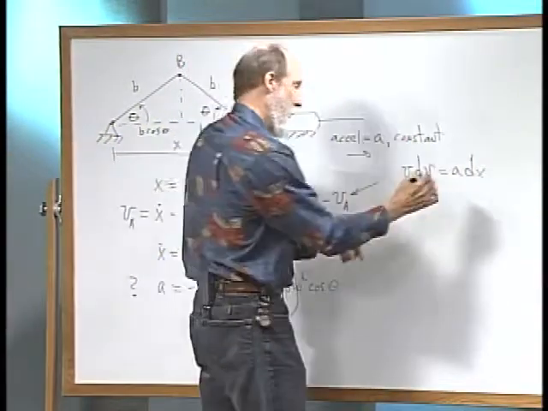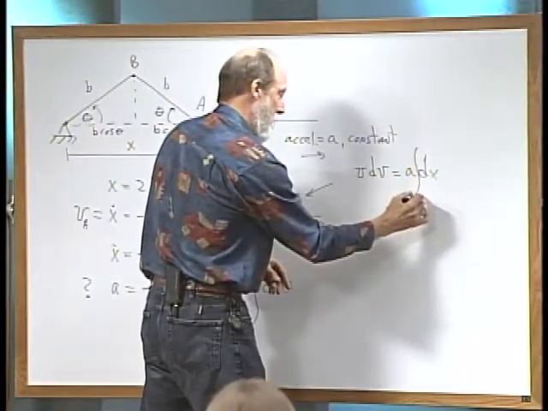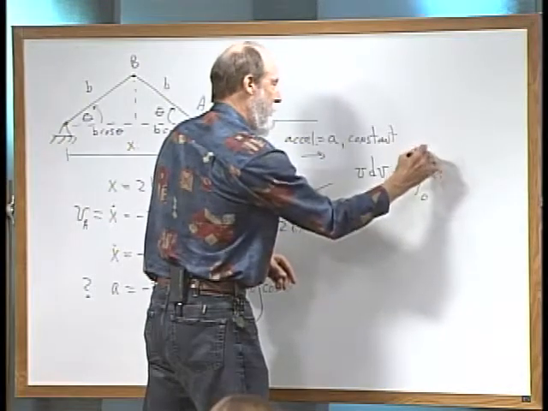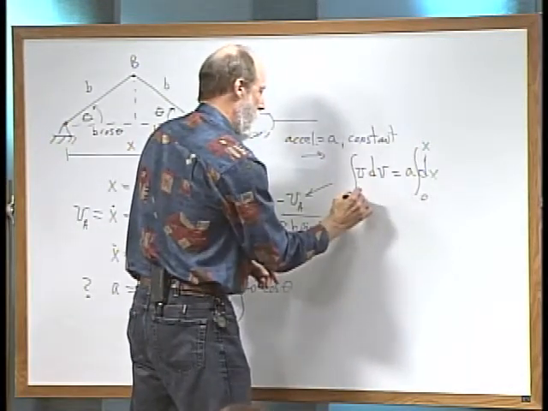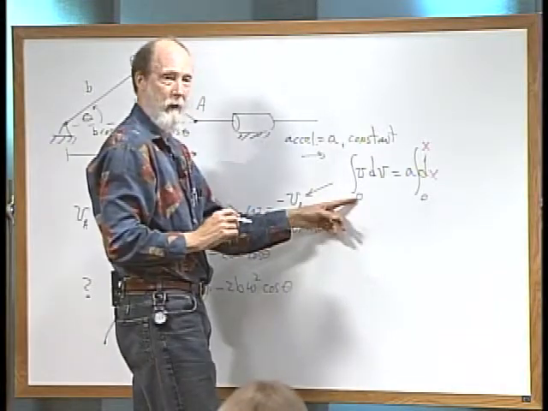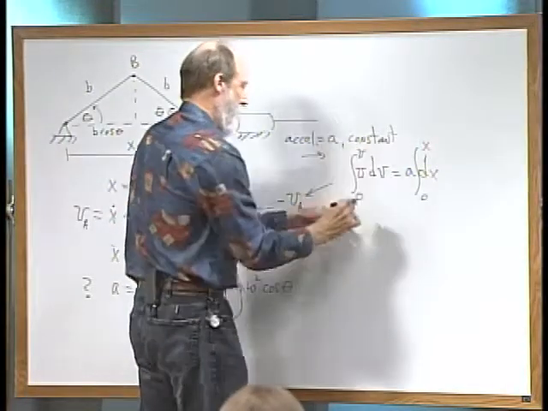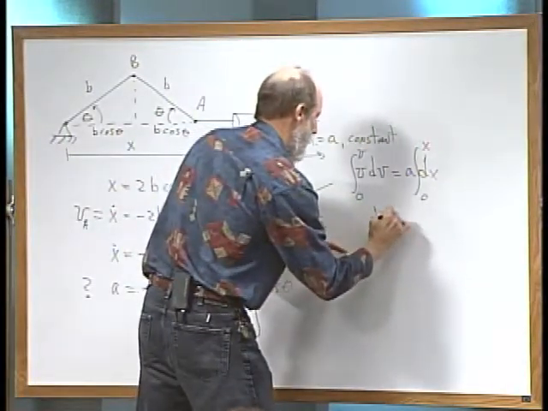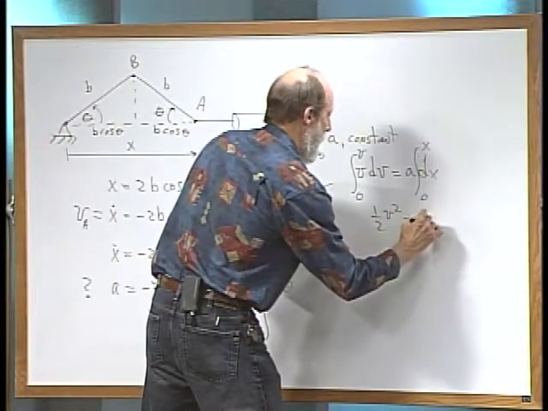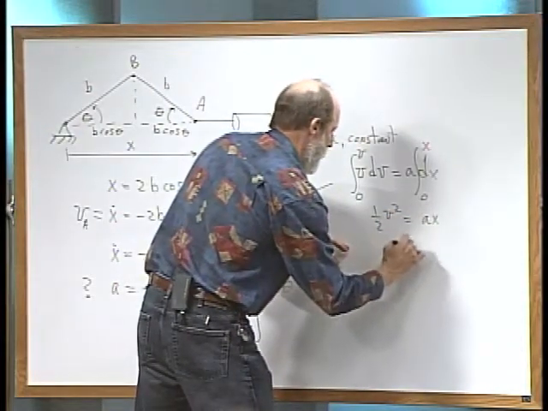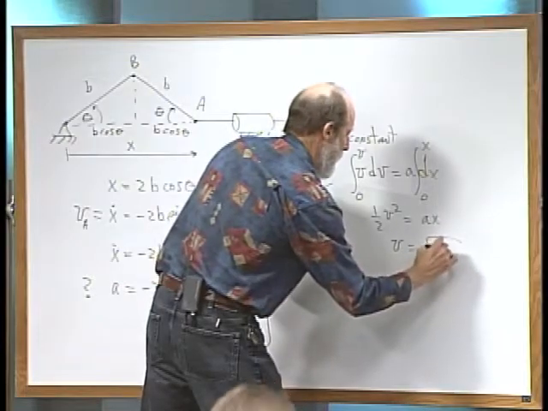So that means if we integrate that, with that being constant, from 0 to x, and this from, they told us it was at rest initially, to some velocity v, we get 1/2 v squared equals ax, or v equals the square root of 2ax.